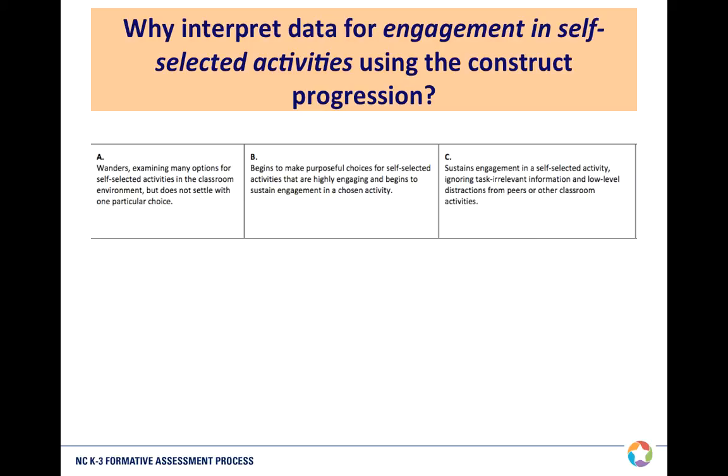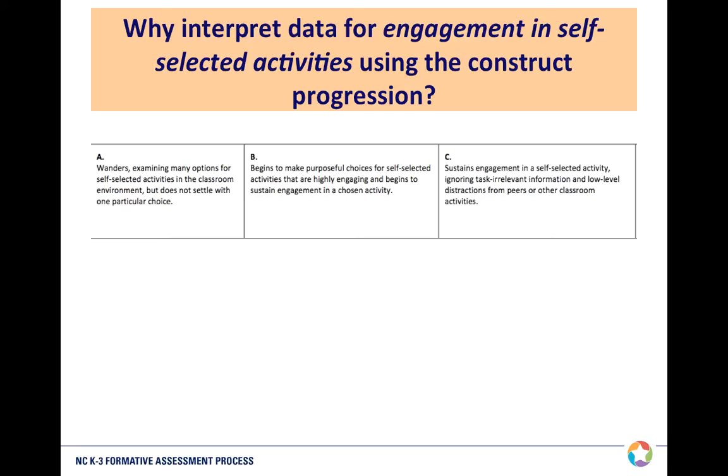So if they have an opportunity to select from 5 different things to do or 3 different things to do, are they able to make a purposeful choice and engage in an activity? Do they, A, wander, examining options and not able to settle on a choice? Do they begin to make a choice and then begin to sustain engagement in a chosen activity?